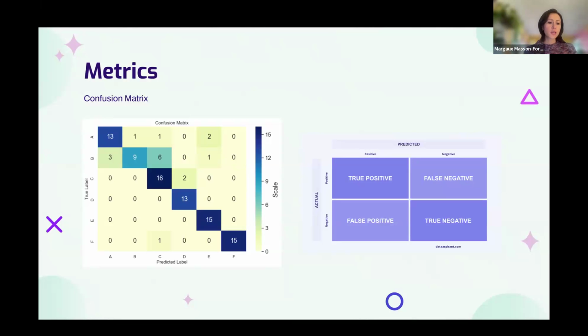If we look at the first column, we have 13 occurrences where the predicted label was A, and the true label was also A. But for 3 different samples, it predicted label A, but it was actually label B. So there's a false positive here.